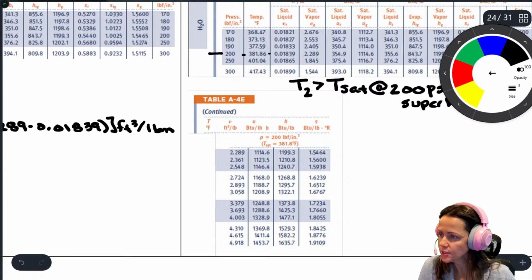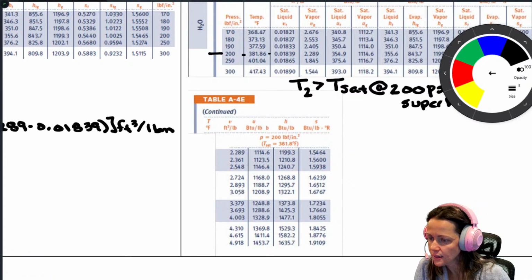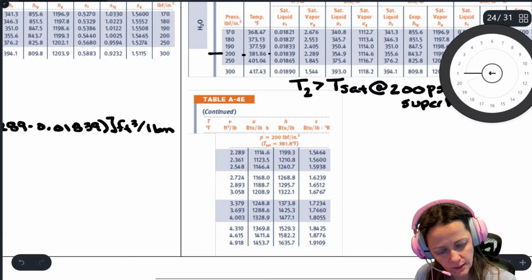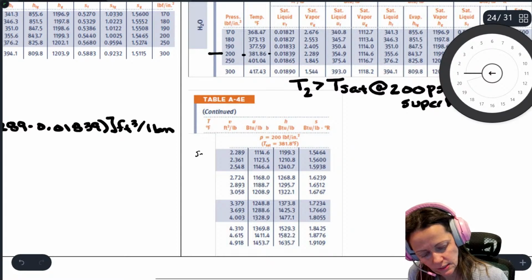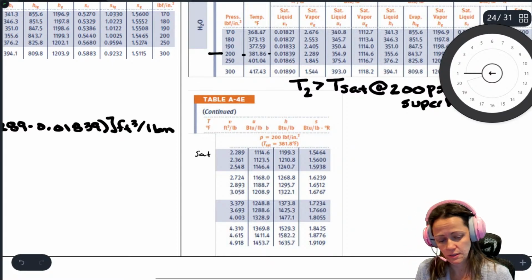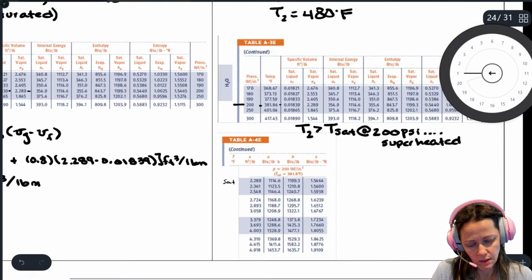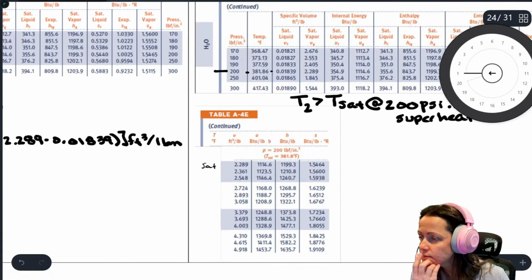So let's see, 200 psi. This is the saturation temperature. We're at 480.